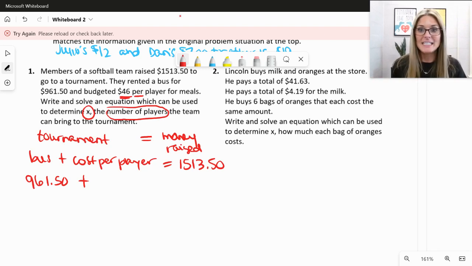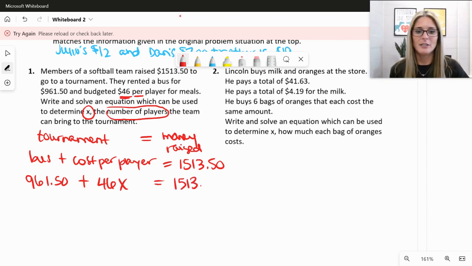Every player that I take needs $46, so it's going to be multiplied with my variable X, for the number of players. So we're going to have $46 per player, so times X, is equal to $1,513.50. There's your equation.